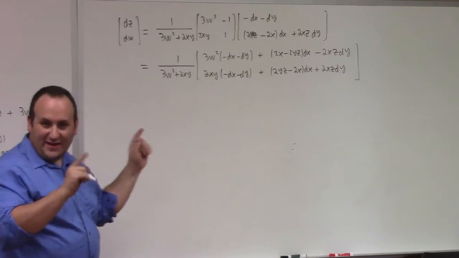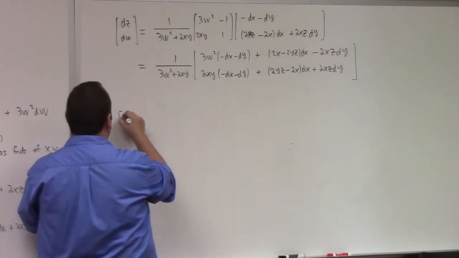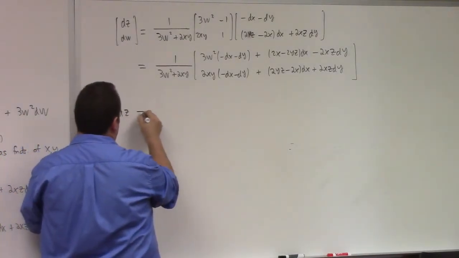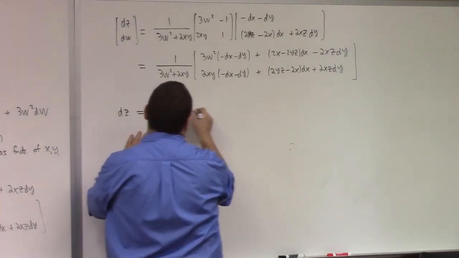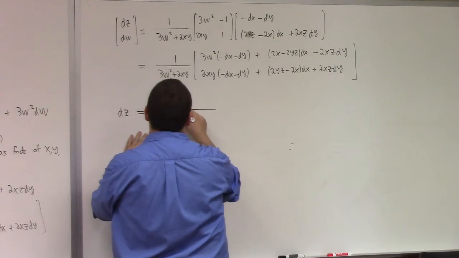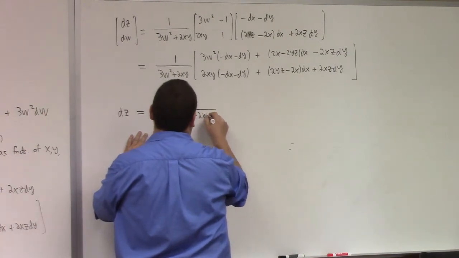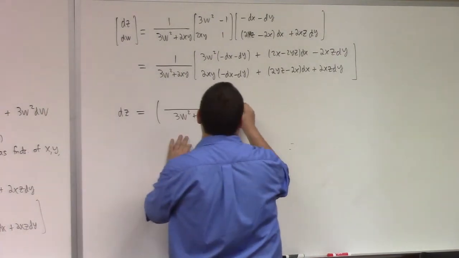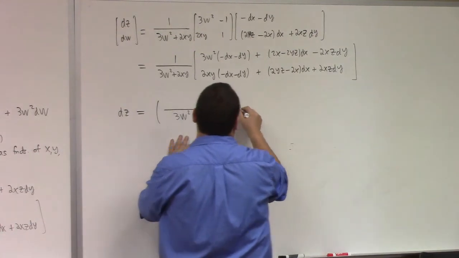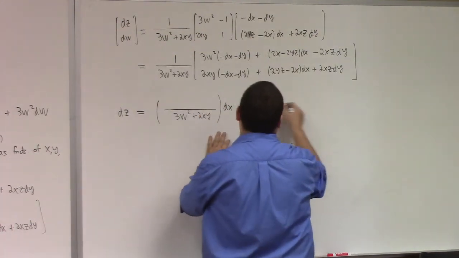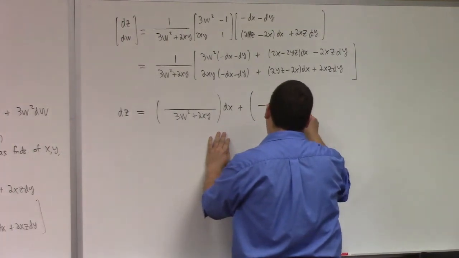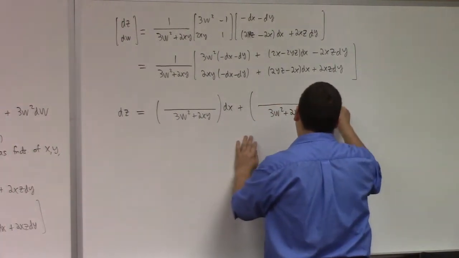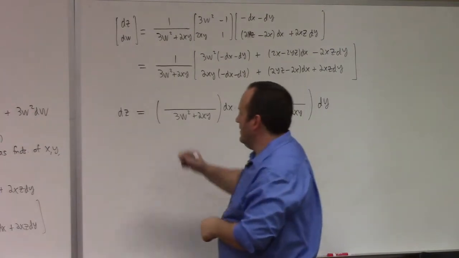Okay, so let me just, from this I can extract something like dz, all right, here it is. dz is equal to what? Stuff. I'll do the denominator, that's easy. 3w squared plus 2xy dx. Stuff. Denominator's easy. dy, all right. What goes in the numerator?